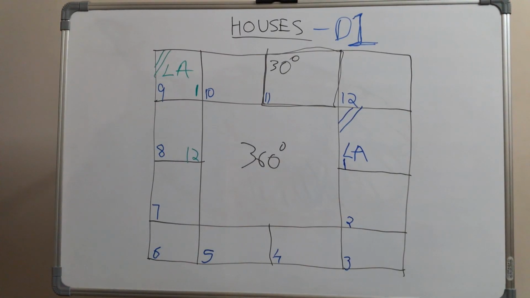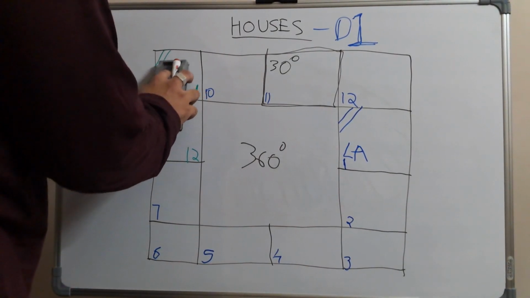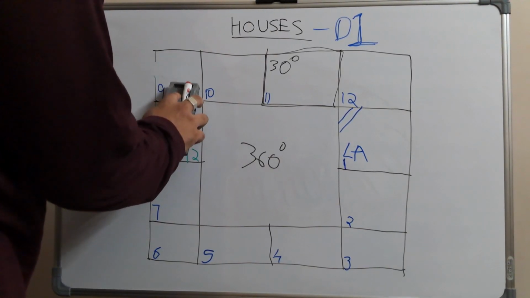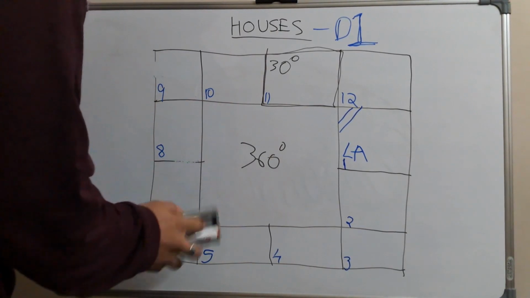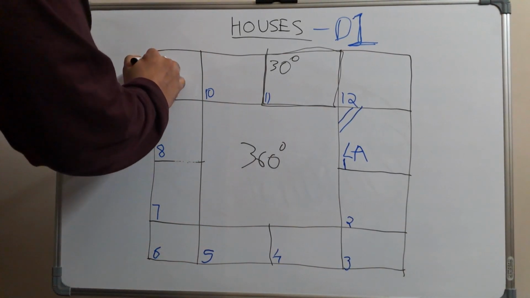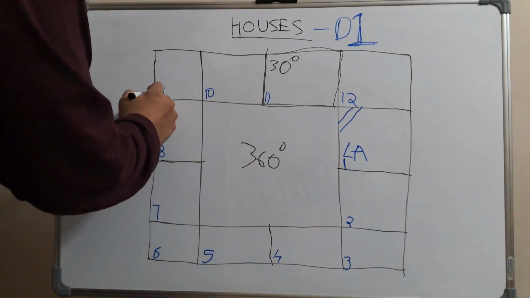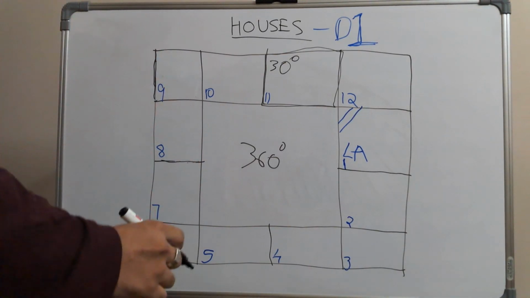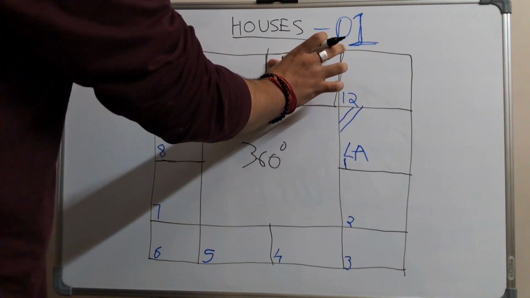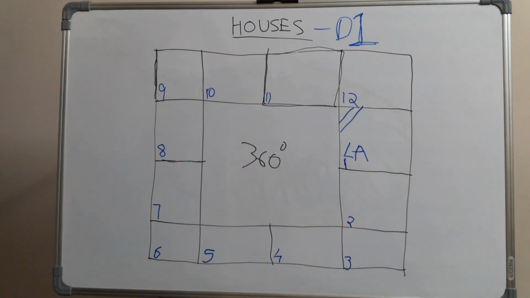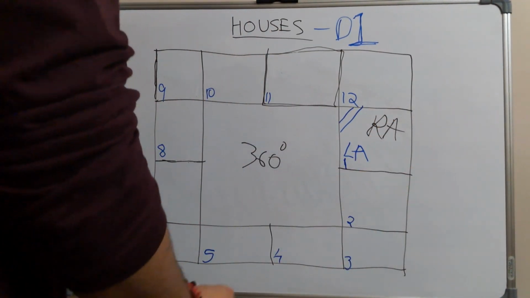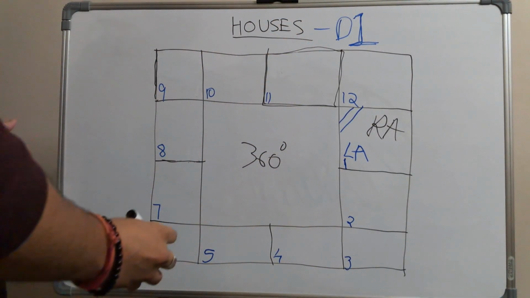So I'll show a simple example chart. To keep things simple, I'll erase this. So, yeah, this is an example D1 chart where this is Lagna, and Rahu is in Lagna.